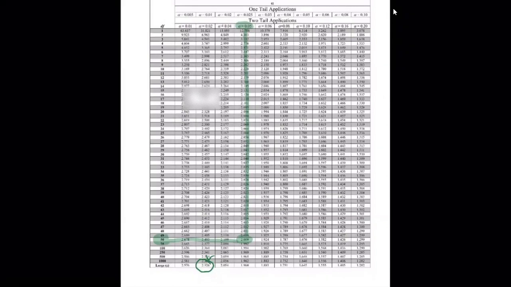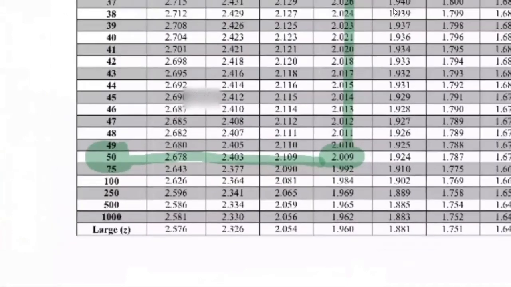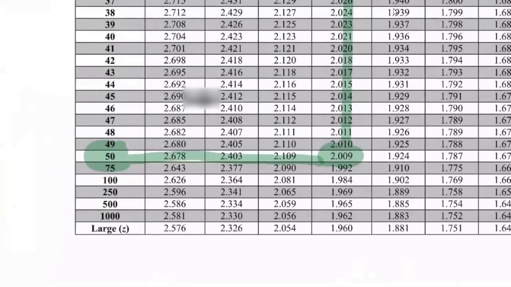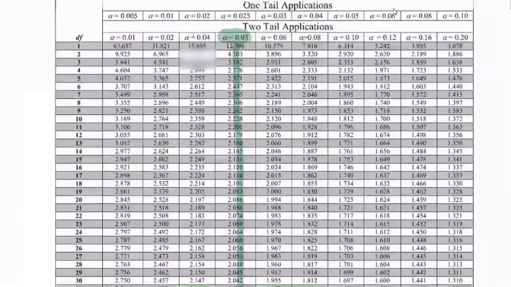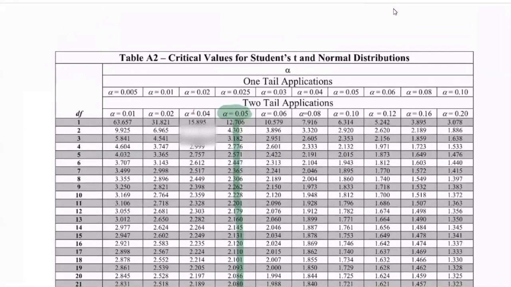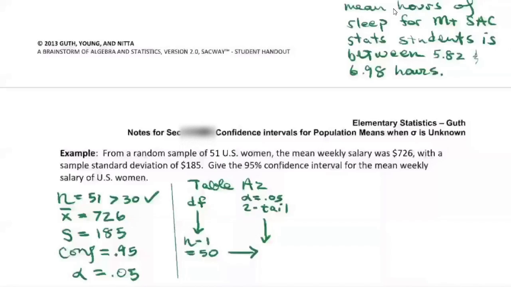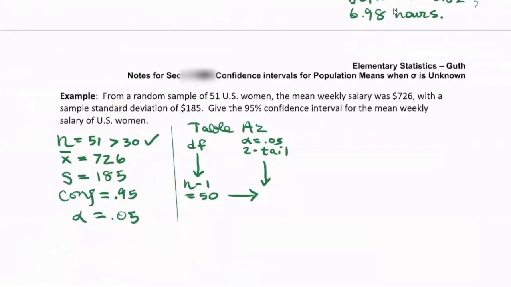I didn't get what you got. Maybe that's an old one. Agreed, 2.009. Maybe that other one was from the last one. 2.009 with a 0.05 two-tail. Okay, fine. So this is 2.009.